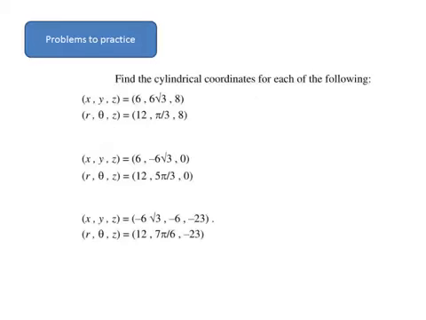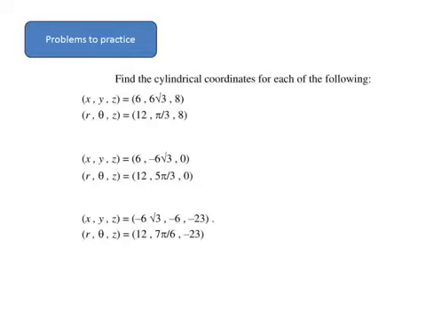Some more problems to practice. In these questions you have to find the cylindrical coordinates for the given rectangular coordinates, and the answer is also given here.